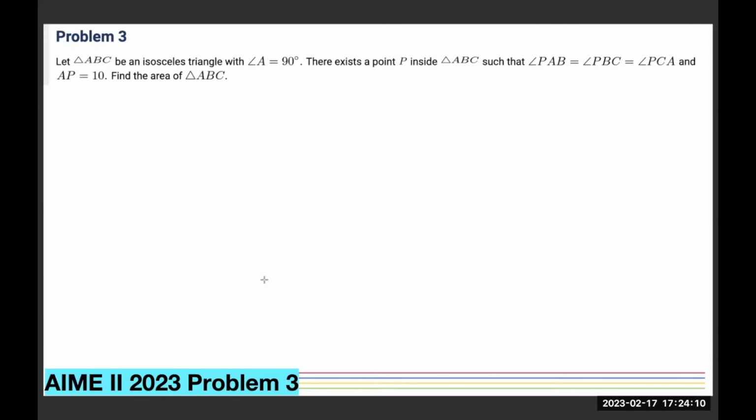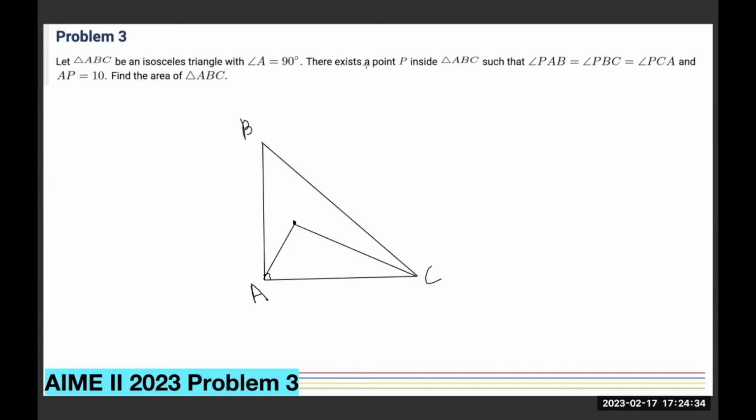Okay, so let's draw out this isosceles triangle. Here's A, here's B, here's C. I'll just draw out the diagram. Angle A, 90 degrees. Let's just pick our point P. It doesn't have to be too accurate for this problem. But we should try.